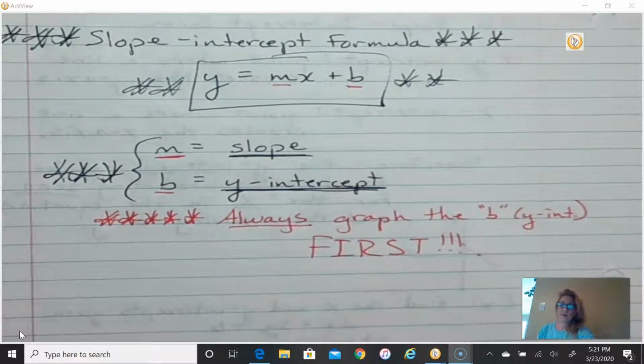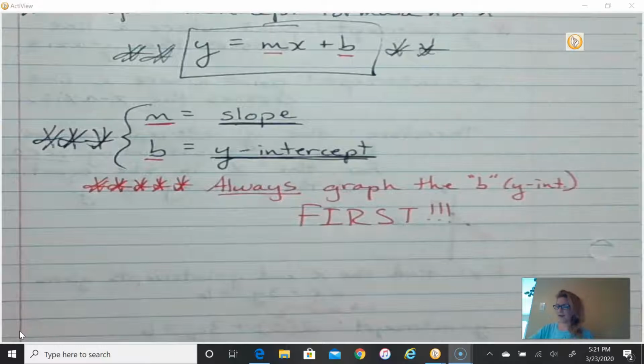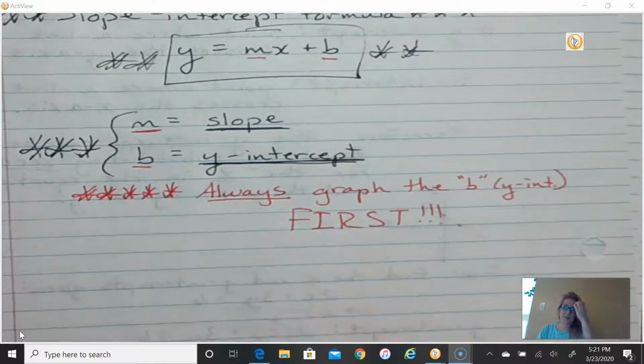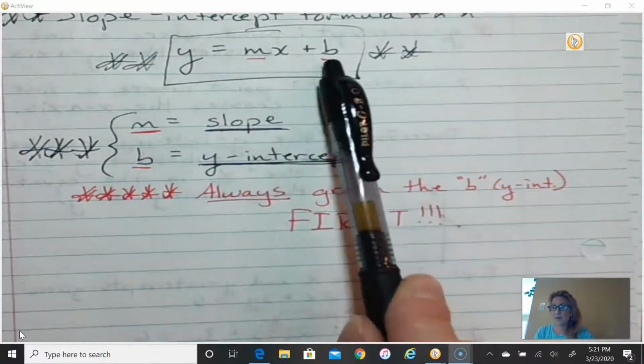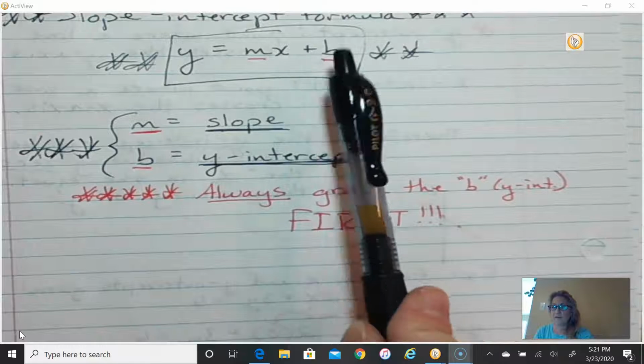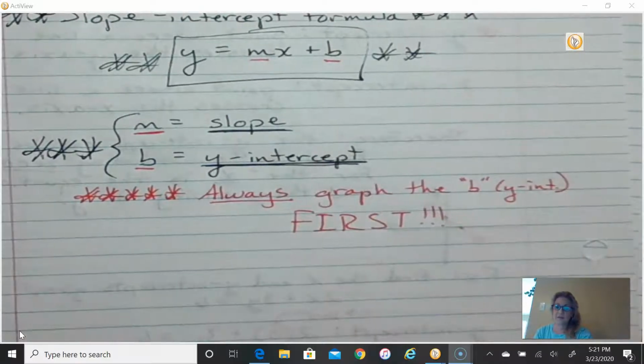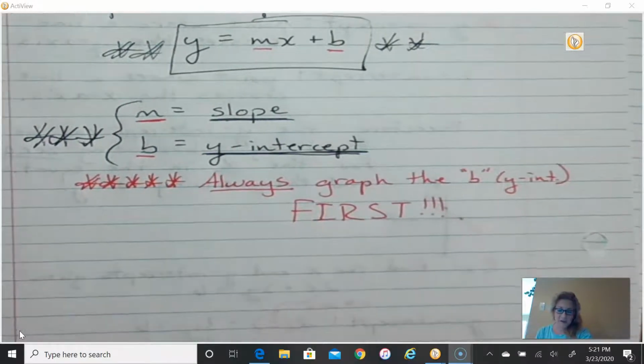Okay. Now, you're probably not going to do a lot of that. I don't know. We'll see. I can't remember. But this right here, you got to remember. So when you're graphing, if you have this equation, you're going to put the y-intercept on your graph first. Then you're going to do everything else. Okay? And I'll show you.